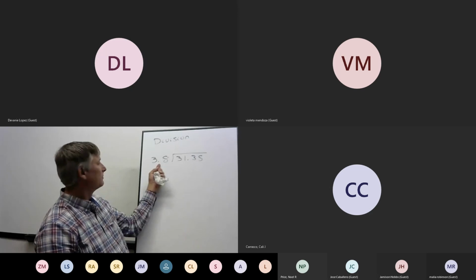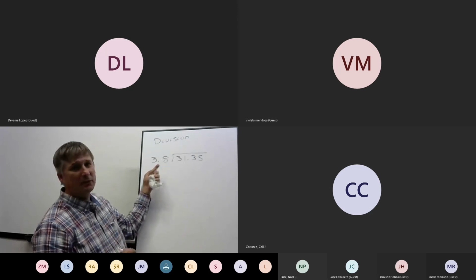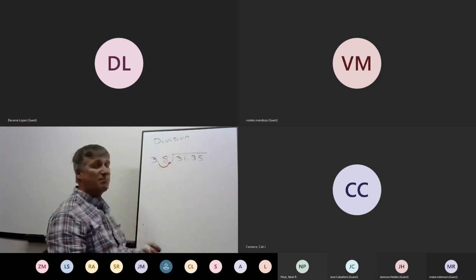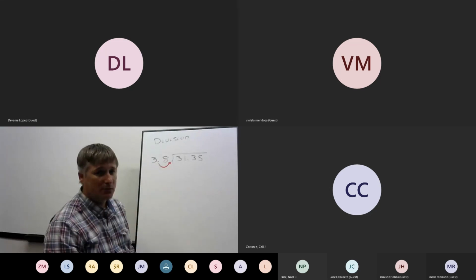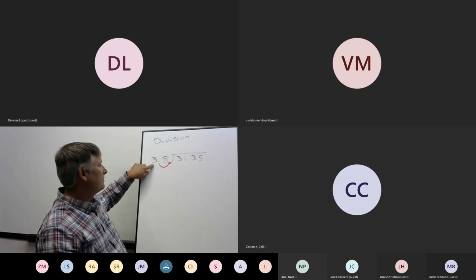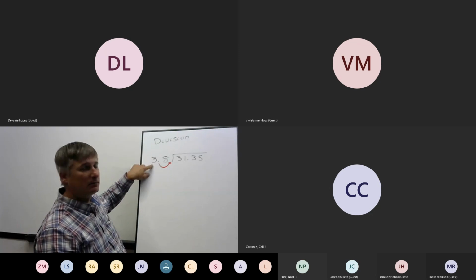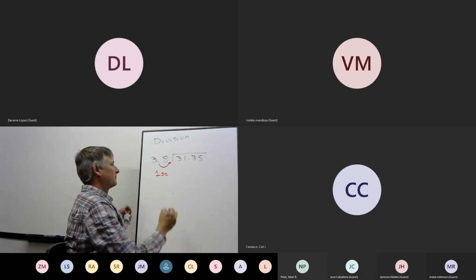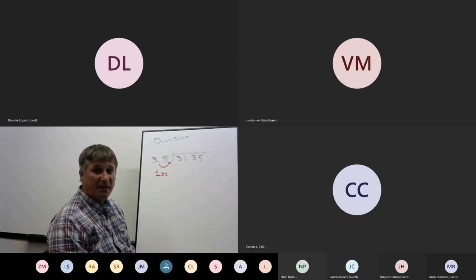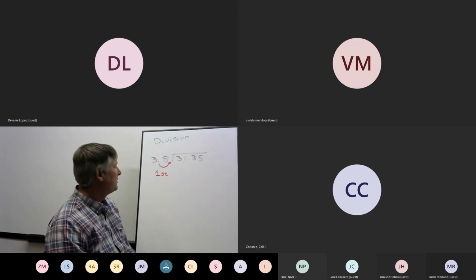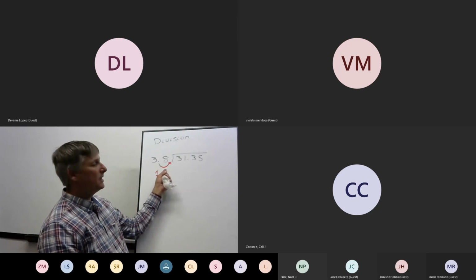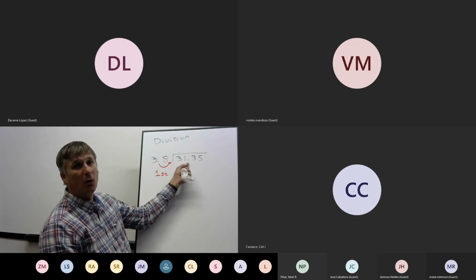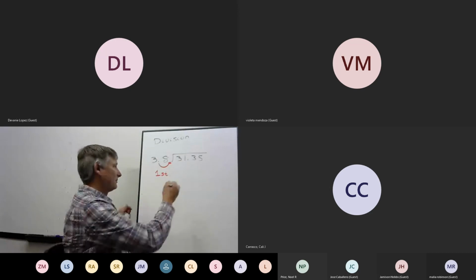Start with this number. Let's not make it a decimal. Let's move the decimal as many times as we need for this to become a non-decimal. So this is what we're going to do first. Then, if we move this decimal one space, we have to move this decimal one space.